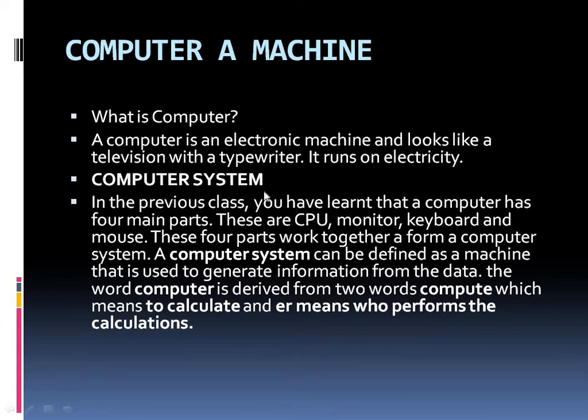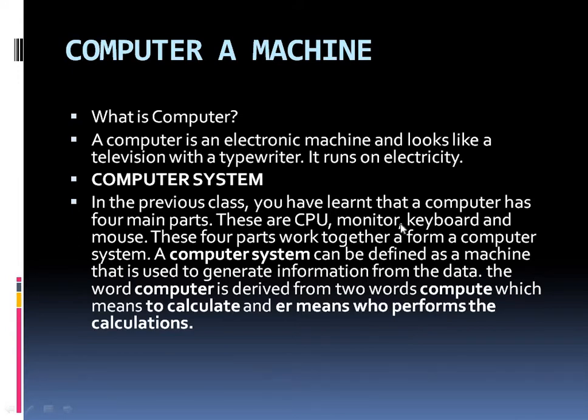Okay, students, computer is not a single device. Computer is a machine which works together. It has many parts. In a computer system there are many parts. First part is the most important part, CPU, brain of the computer.